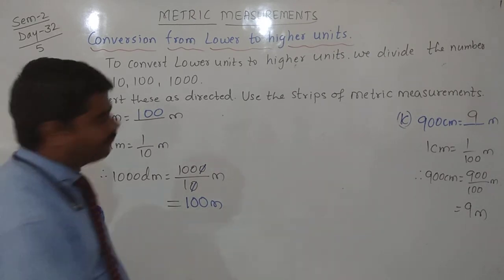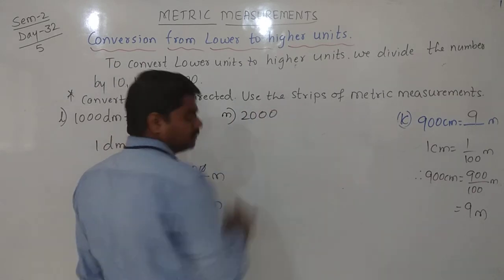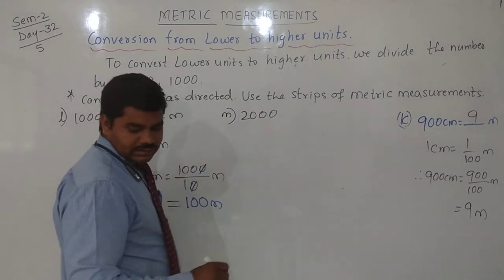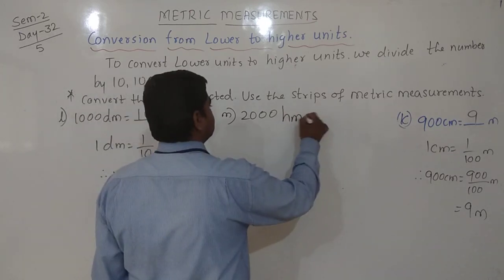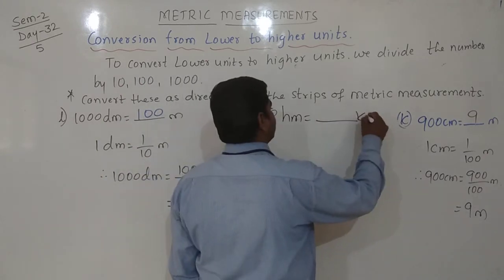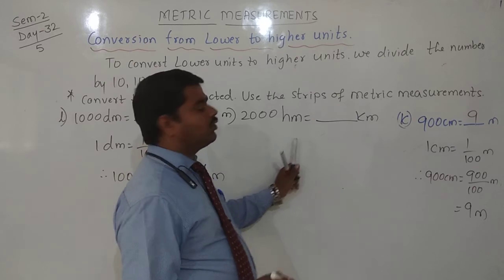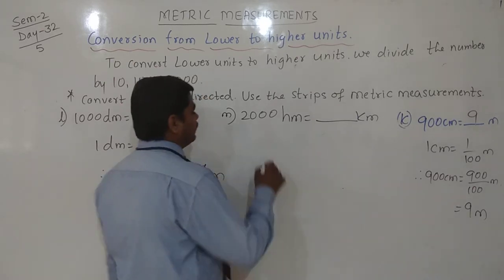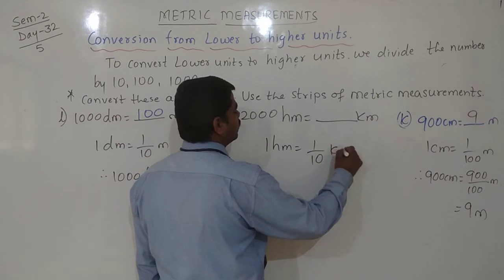M. 2000 hectometer to kilometer. Very simple this. Yes, hectometer, next only kilometer, then we divide by 10 only. 1 hectometer is equals to 1 by 10 kilometer.